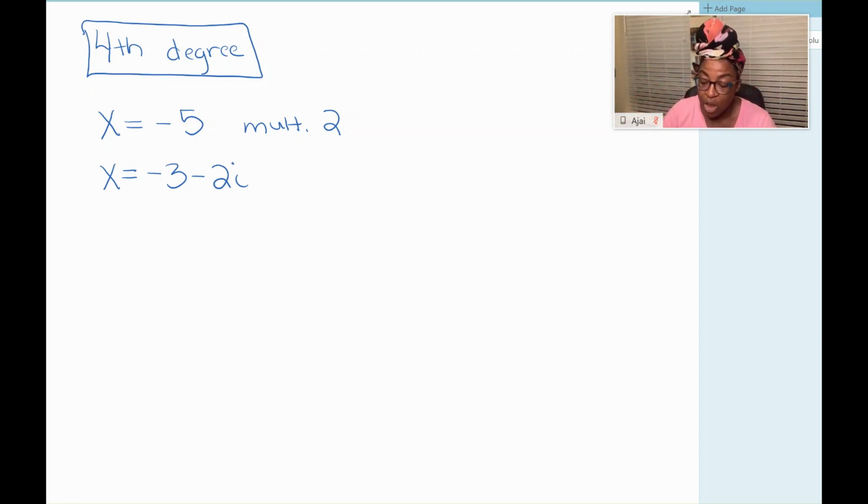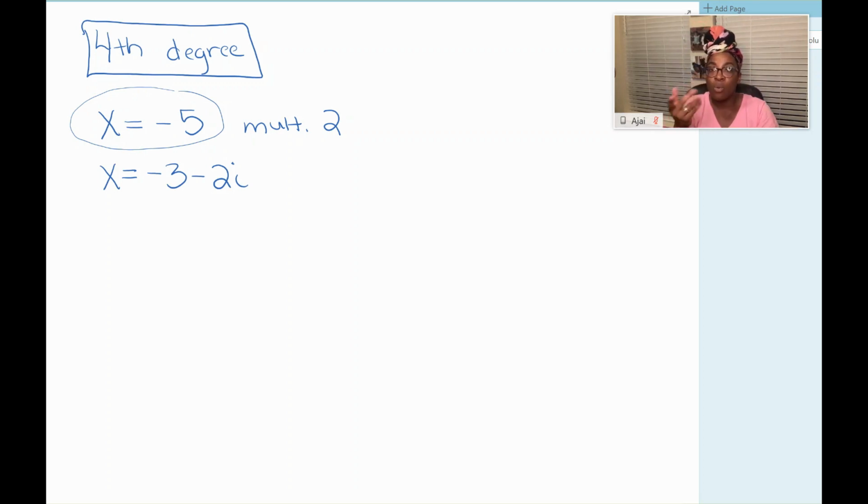So let's talk about what's going on here. First of all, if they give you a value, x equals -5, which they did right here, and then they go on to say that the multiplicity is 2, what they're telling you is that that number is seen twice. Because it has a multiplicity of 2, that means -5 should be listed 2 times.